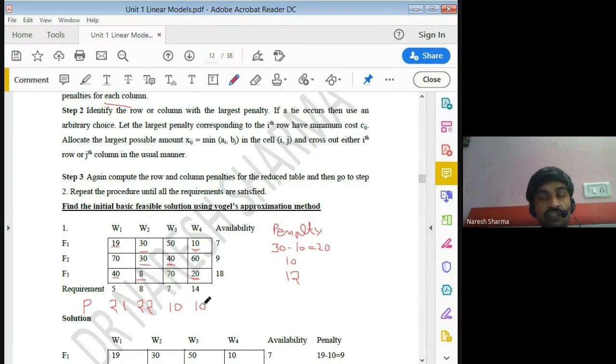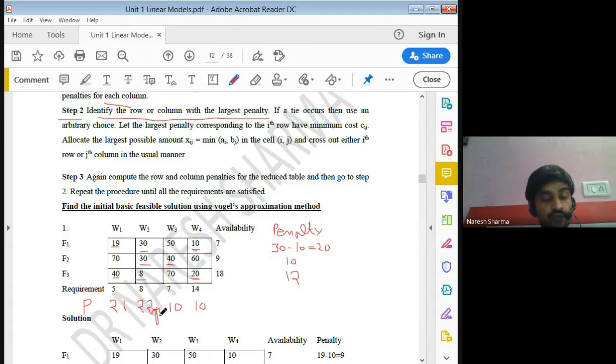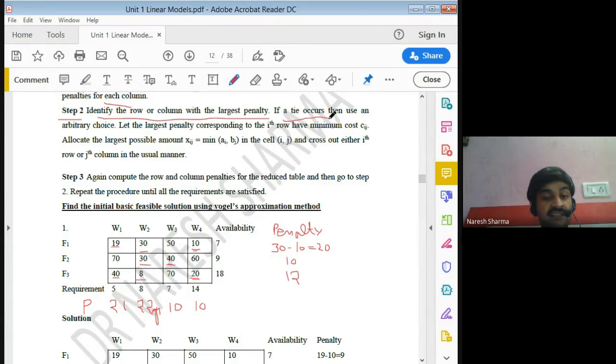After this step, you go to step 2, which says identify the row or column having the largest penalty. In our example, the largest penalty is 22. So first you choose the largest penalty, and if it is a tie, you can choose arbitrarily, randomly any row or column with the maximum penalty.